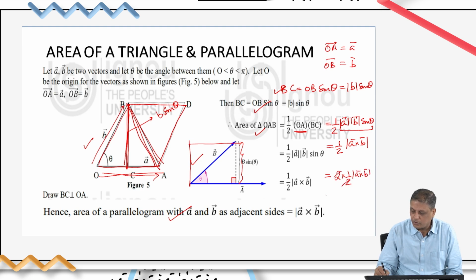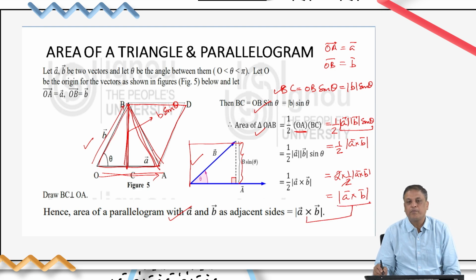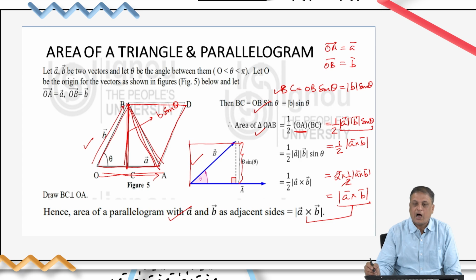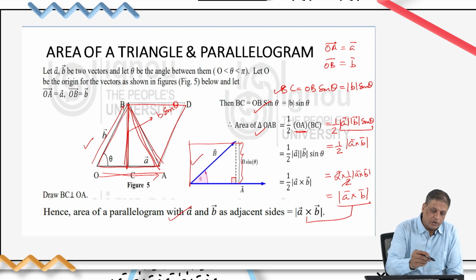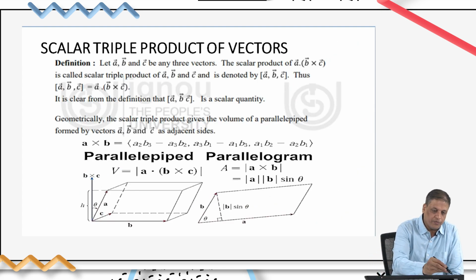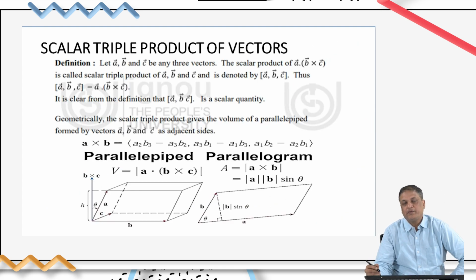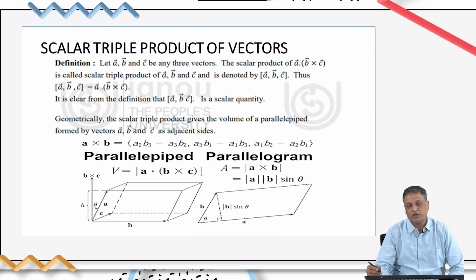So, that means the magnitude of A cross B as a whole will represent the area of the parallelogram, whereas half of the magnitude of A cross B represents the area of the triangle. So, I hope you understood how to determine the relevance of cross product when we are determining the area of the triangle and the area of the parallelogram.